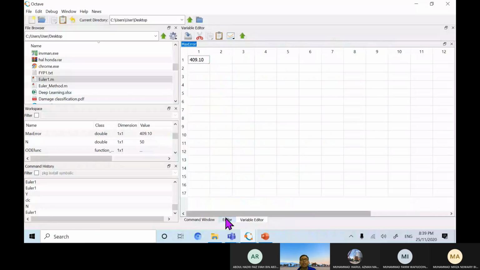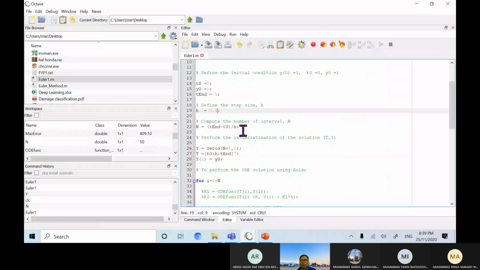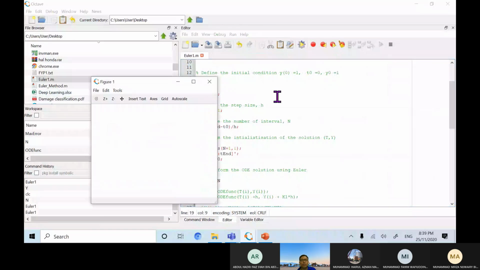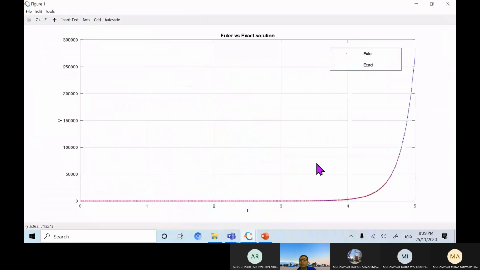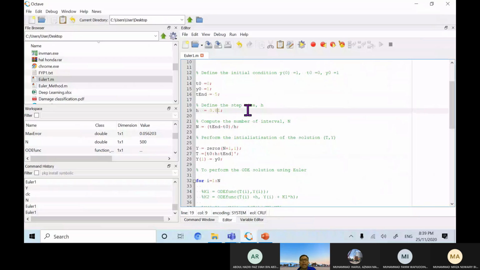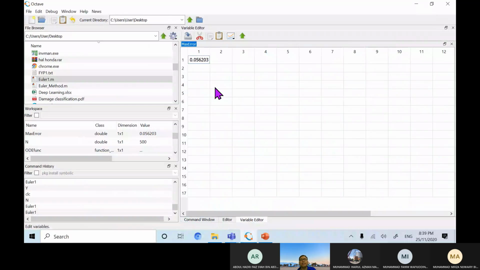Okay, never mind. Kita gunakan H which is much more smaller, 0.01. See what will happen to our plot and also the error. Better. Kenapa saya kata better? Better because you just use a very large H tapi result dia dah okay. Cuba tengok dia punya max error. Max error dia memang cantik. 0.01 you dah boleh get this error.